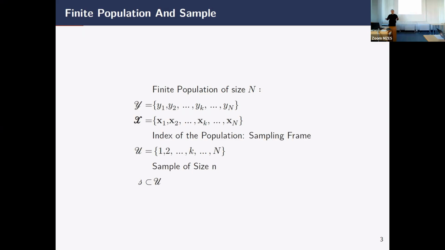Then we have a set of auxiliary information which we're going to use later to construct weights or to explain response propensities, which I annotate X. And then we have our sampling frame, which is U. So U is just an enumeration of our finite population. If this enumeration is complete and only includes elements from the target population, we don't have any coverage problems. And then our sample is simply a subset of that sampling frame. So that's the sample.